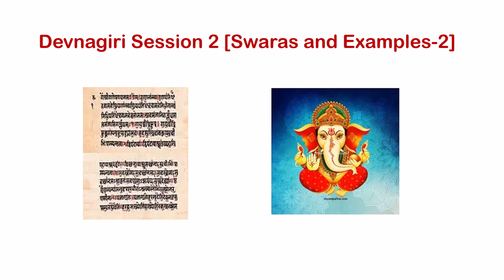Though those words are there in the language, say for example, Rishi, they are not a part of the Varnamala as such. They are not very commonly used. But in Sanskrit, we use them quite commonly.